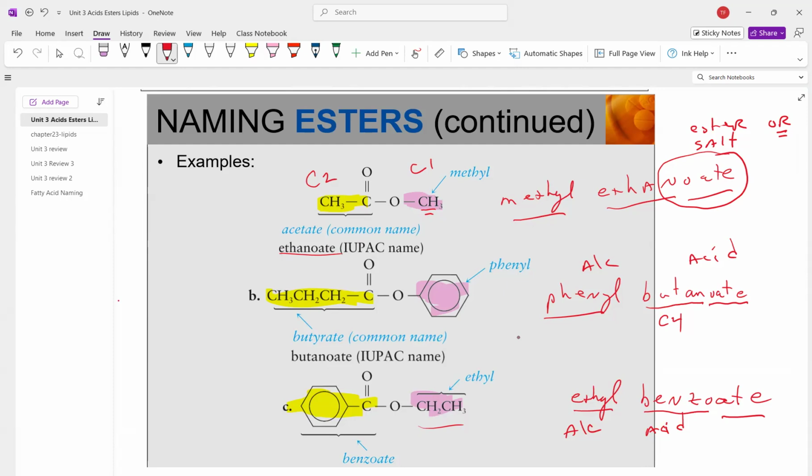Second part is going to be the acid part. So in this case, it's a two carbon acid, one carbon alcohol. So it's going to be methyl, the one carbon secondary backbone, ethanoate. The noate, when we're talking about esters, just signifies it's an ester, naming wise.